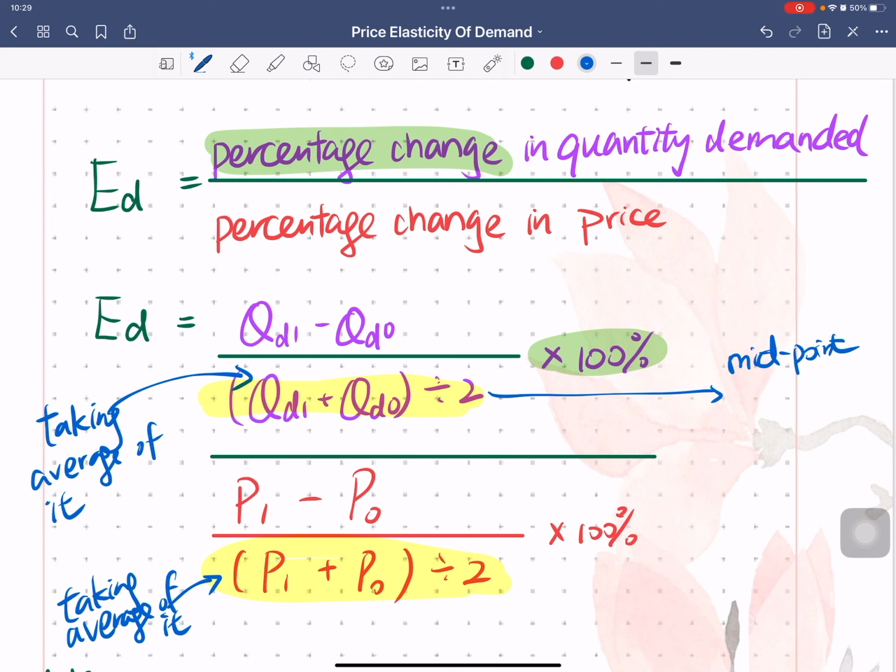We sum the new price and the old price and divide by 2 to get the average of the price. And here we times 100%, representing the percentage change concept of the base formula.